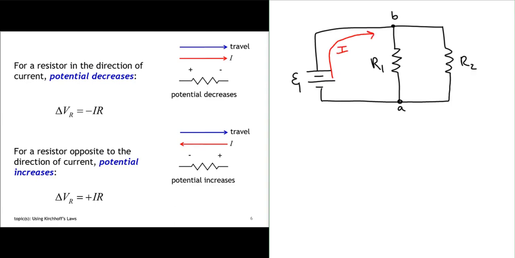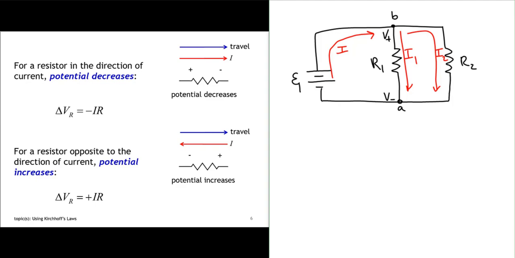And then we set the current through resistor 1, we called I1, and the current through resistor 2, we called I2. Now remember, current goes from high potential to lower potential. So if current in resistor 1 goes from point B to point A, that must mean point B is at the higher potential and point A is at the lower potential.